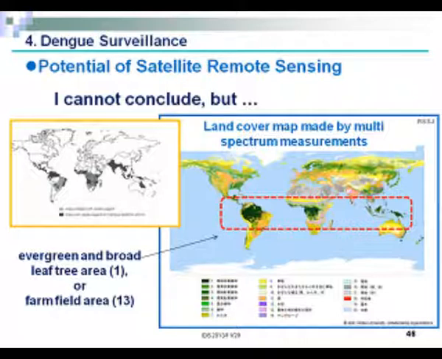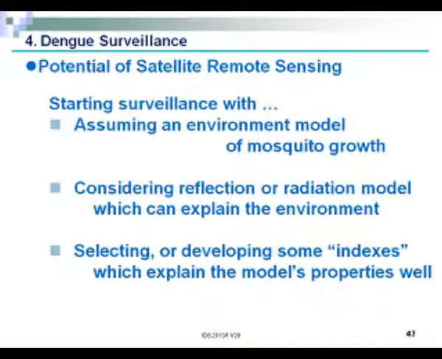Around here we have ground cover of evergreen and broadleaf tree area, number 1, dark green, or farm field area, number 13, pink purple area.